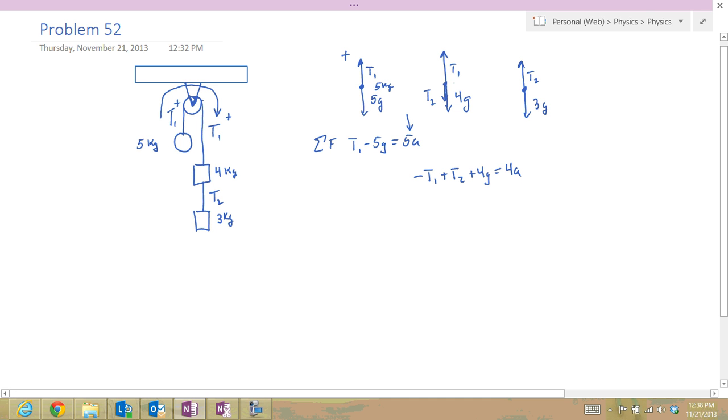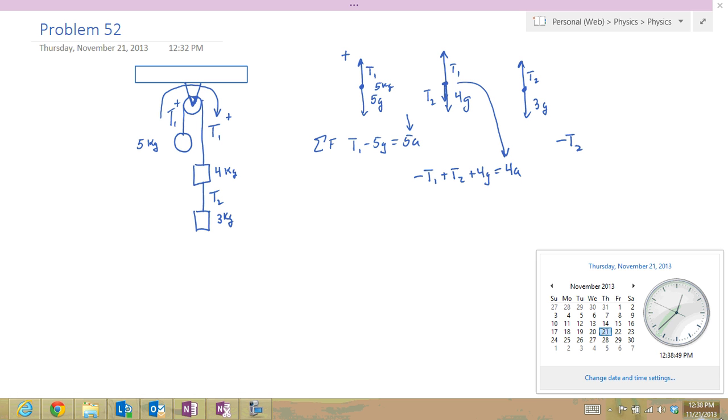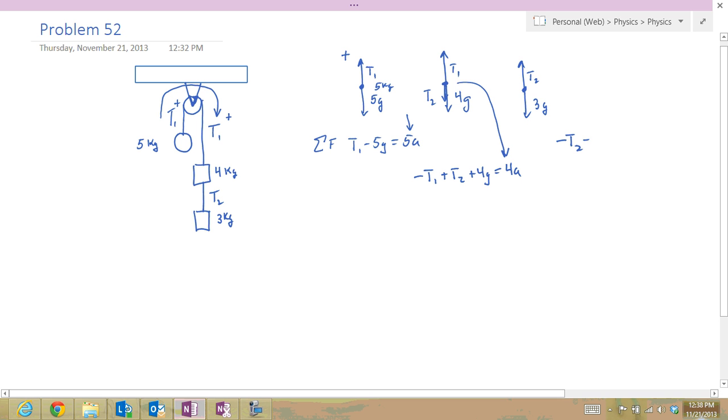Again, this is the 4 kilogram object that's represented in this drawing, so 4 kilograms has to appear in the ma section. And I can write the same thing here. I get minus T2, again, upward is negative in these diagrams, plus 3g equals 3a. Again, this is the 3 kilogram object, so that's what appears in the ma.